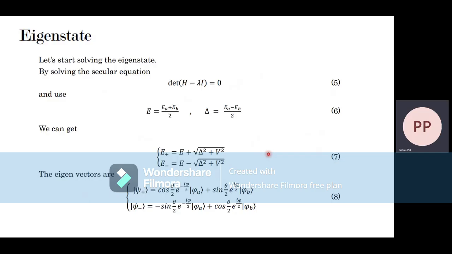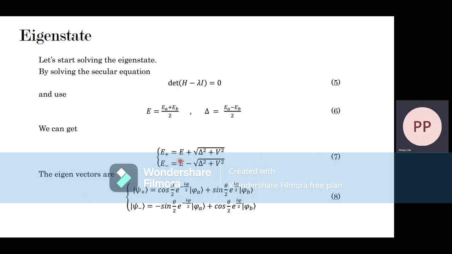For simplicity, I'm defining a parameter E equal to half of E_A plus E_B, and delta defined as E_A minus E_B by 2. Now we get separate eigenvalues, E plus and E minus, in terms of the parameters E, delta, and the external perturbation V.